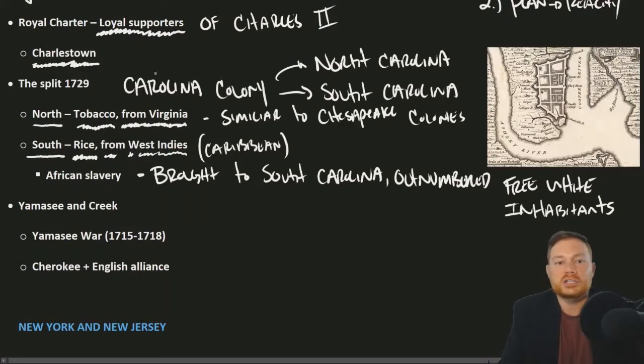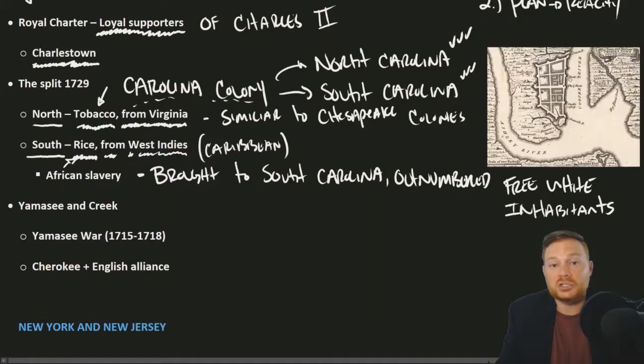So initially, this plan to create just one Carolina colony ended up creating two different Carolina colonies, both primarily producing cash crops, both exporting goods, both relying on African slavery, but having some slight differences between the two, namely the types of crops that were grown, tobacco in the north and rice in the south.